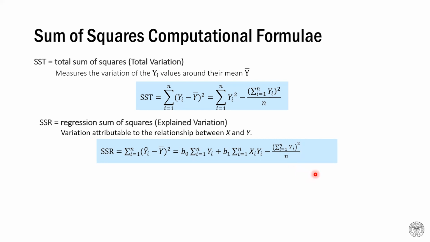Again, SSR is also referred to as the explained variation.